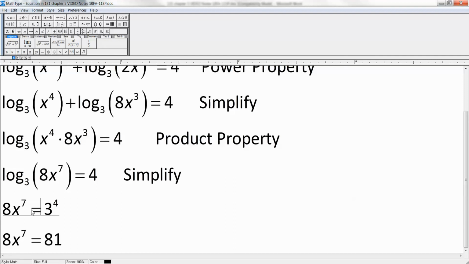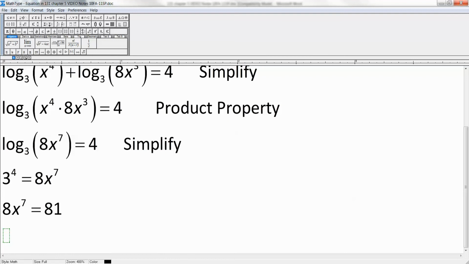As a matter of fact, you probably would have been happier here with 3 to the 4 equals 8x to the 7. And then I just flipped them around because I like the x's on the left, that's all. All right, I'm going to divide both sides by 8 because we don't want 8 in there.